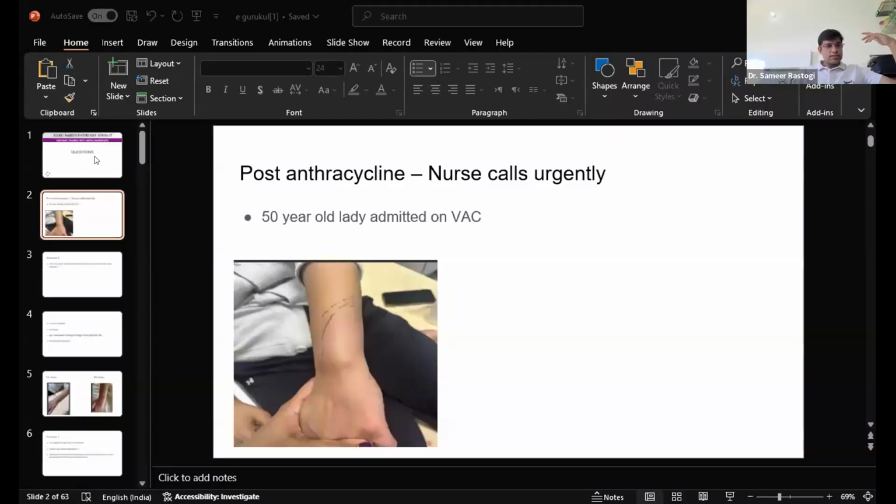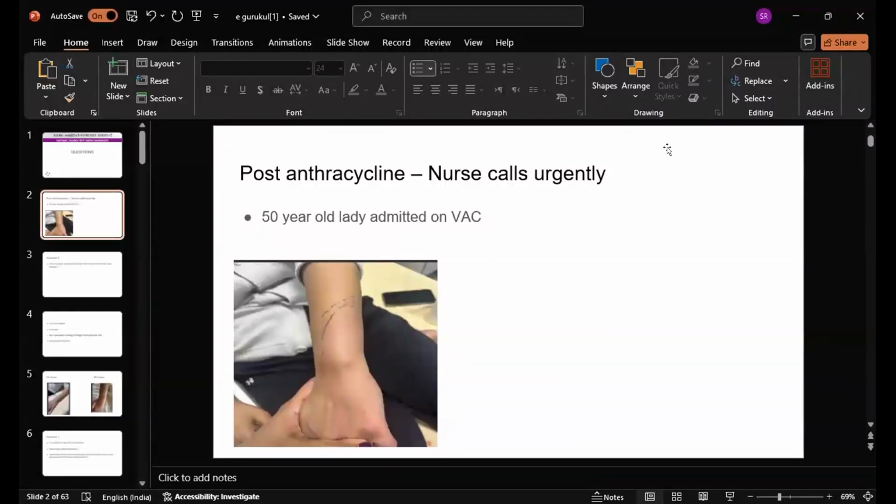We'll just stop the screen share. Is it visible now? Yes, sir, it's visible. And how do I make it full screen? You can click on the button here on the extreme right, sir, to make it presentation mode.